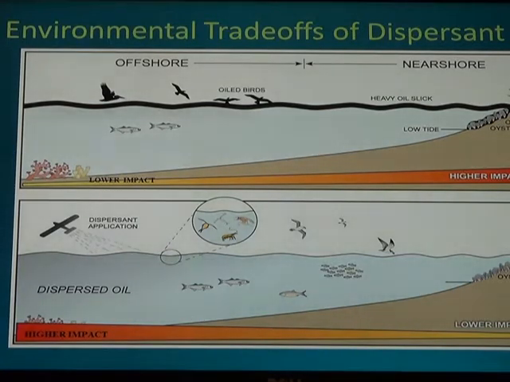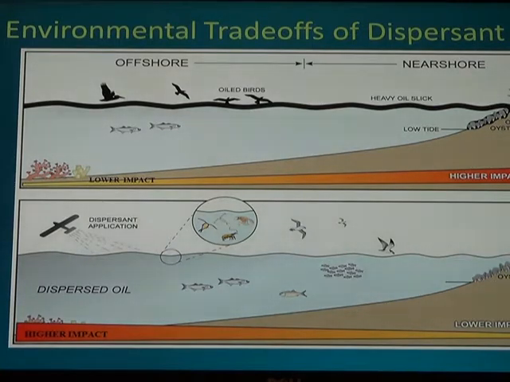So when you have an oil slick on the water, that's already a bad thing. Oil is highly toxic. It's going to impact a number of different resources at the surface. You will get impacts to birds, marine mammals, and things that use the water surface.